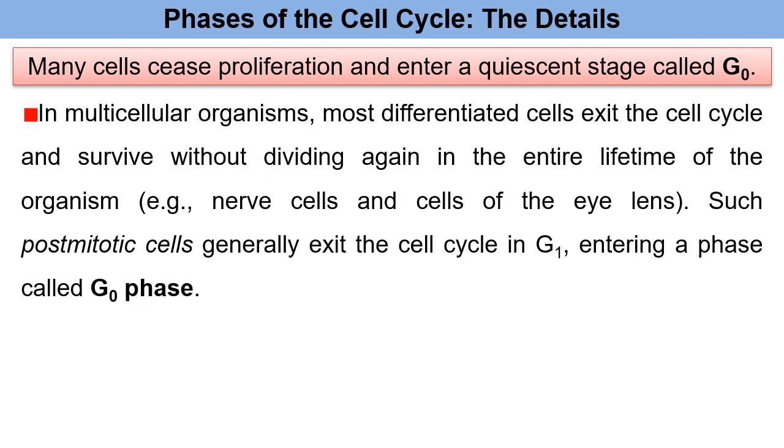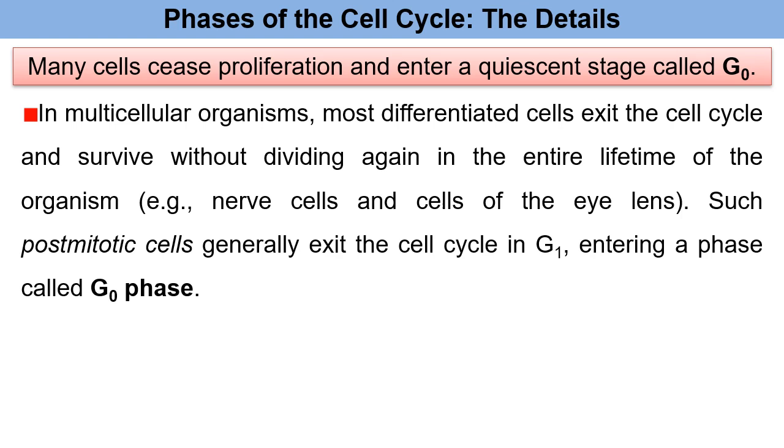It is important to note that many cells cease proliferation and enter a quiescent stage called the G0 phase. In multicellular organisms, most differentiated cells, such as the nerve cells and cells of the eye lens, exit the cell cycle and survive without dividing again in the entire lifetime of the organism.